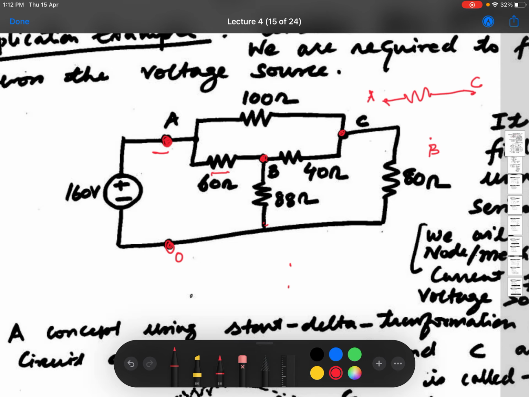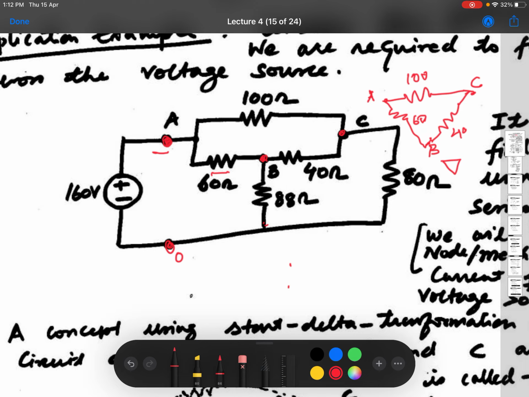I get 100 ohm here, 60 ohms here, and a 40 ohm resistance over here. So these three resistances between A, B and C are said to be connected in a delta formation because they resemble this shape.